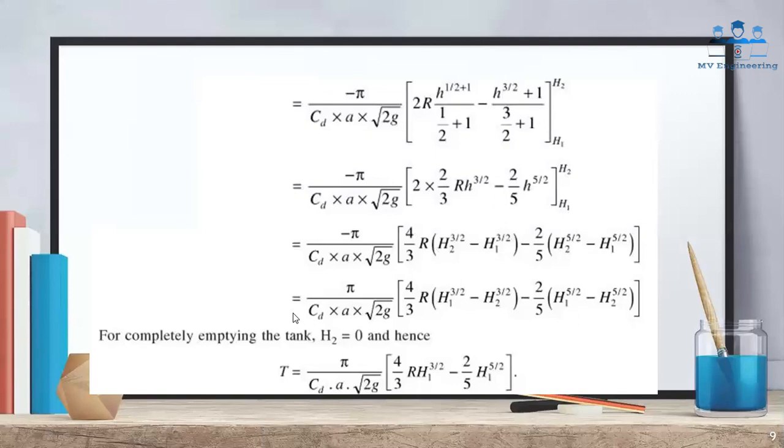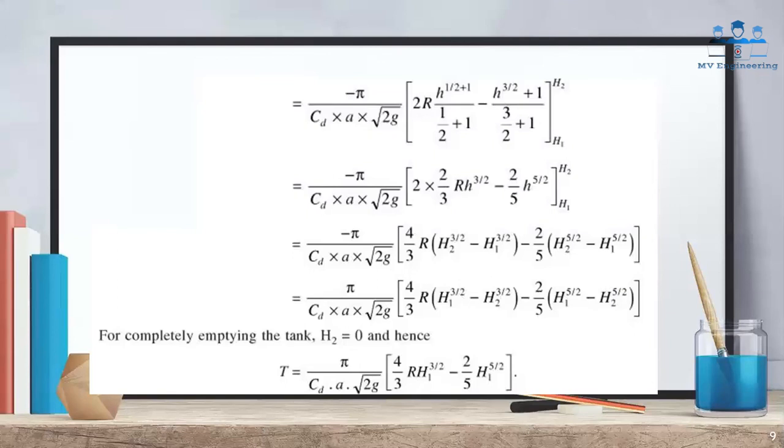On further simplification, we can write the equation equal to pi by CdA root 2g into 4 by 3R. We have taken the negative sign inside. So it becomes h1 raised to 3 by 2 minus h2 raised to 3 by 2 minus 2 by 5 into h1 raised to 5 by 2 minus h2 raised to 5 by 2. So this is the equation for time for emptying a hemispherical tank from head h1 to h2.